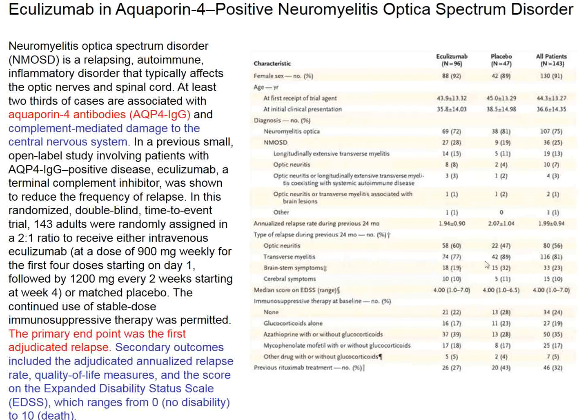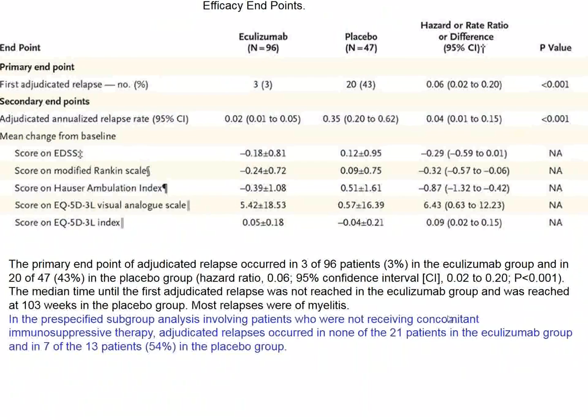Neuromyelitis, transverse myelitis. These are awful neurological features. Immunosuppression had been given to these patients for the most part, glucocorticoids, azathioprine, mycophenolate mofetil, and other treatments that are given for this unfortunate condition.